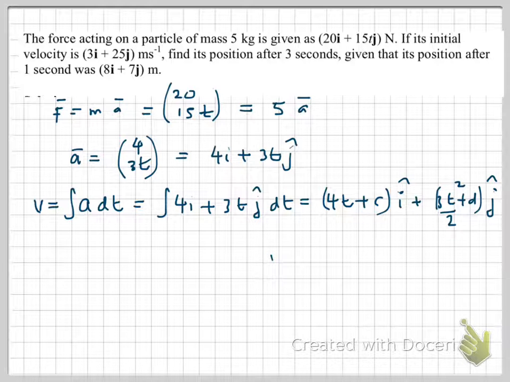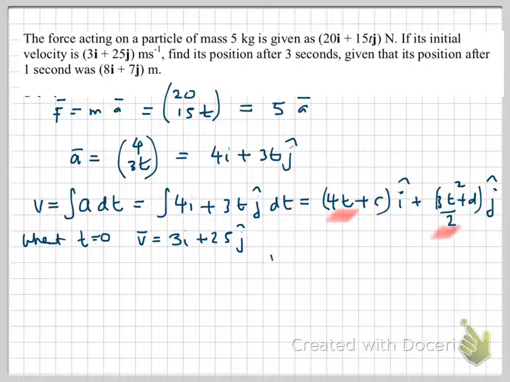Now we're told initially the velocity is 3i plus 25j. We can therefore substitute t equals 0 into our expressions and derive some value for c and d.